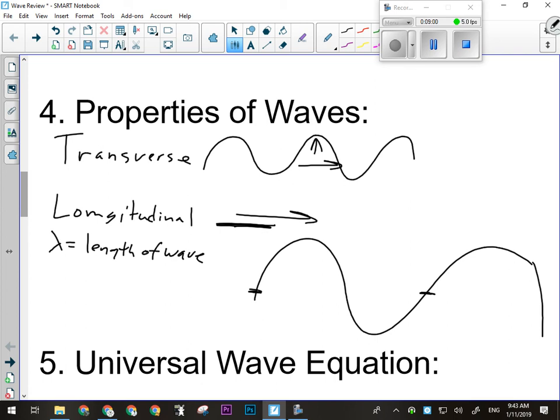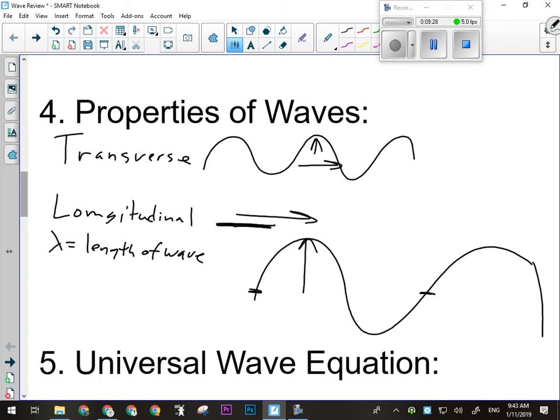The time it takes for one complete cycle of the wave, the time for one cycle in anything, is period. How many waves per second is frequency. Maximum displacement of the medium from equilibrium, the height of the wave, what do we call it? Amplitude.